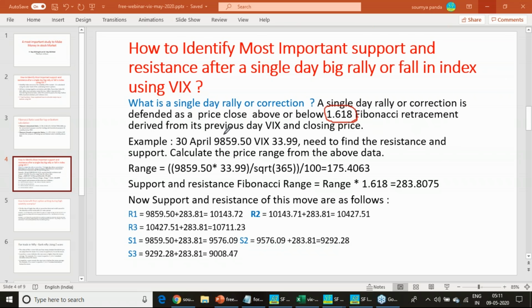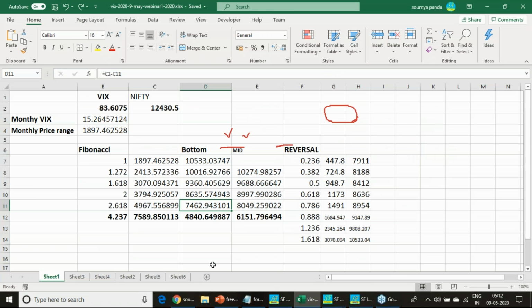On 30th April, you have 9859.50. VIX on that day was 33.99. So you need to find the support and resistance. This is a single day rally. How does it qualify as a single day rally?